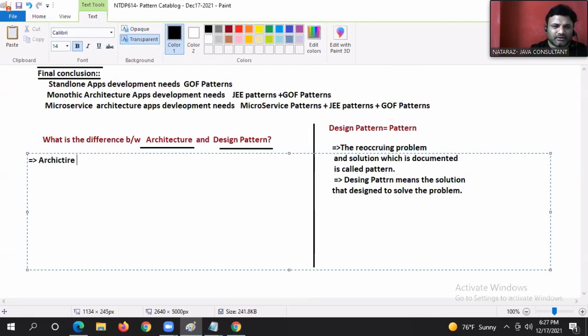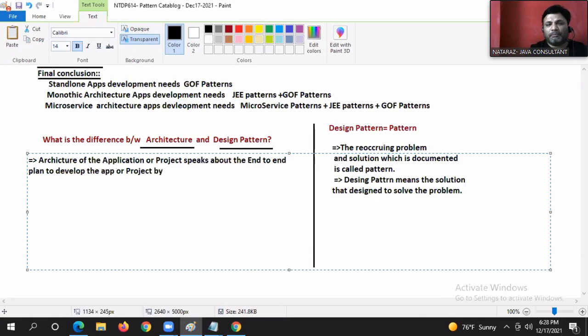Architecture of the application or project speaks about the end-to-end plan to develop the application or project by involving multiple layers and flow of execution.